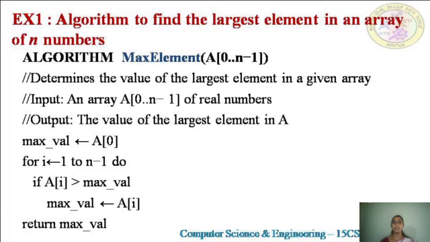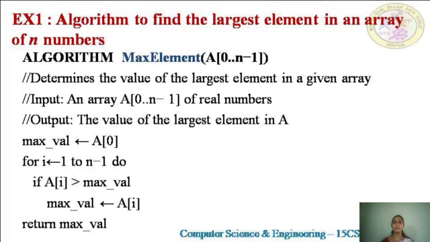Before finding the time efficiency, first we shall look at the algorithm. The algorithm is to find the largest element in an array of n elements. Here the algorithm name is MaxElement and the parameter is A of 0 to n minus 1.